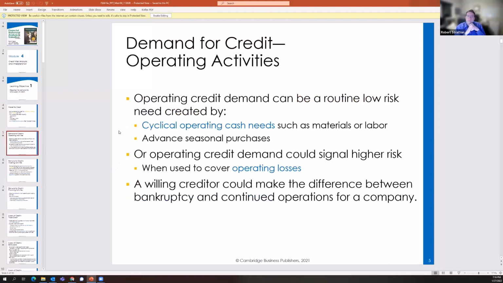Okay, so there are high risk and low risk types of financing, of credit. Most businesses will have a cyclical cash need, and they might need to borrow based on that. I mean, businesses from tiny businesses to huge businesses have ups and downs throughout the year.